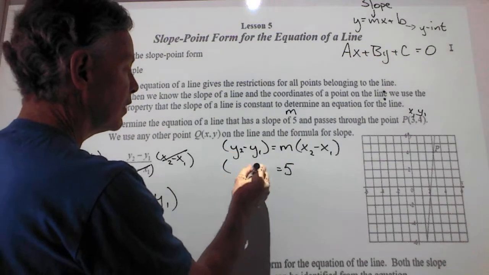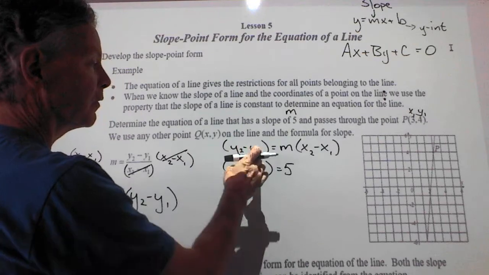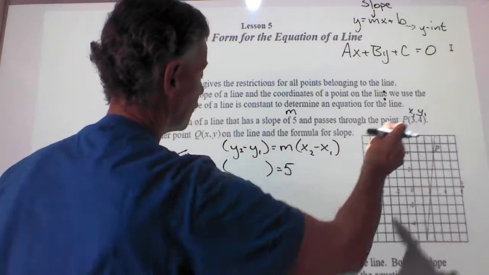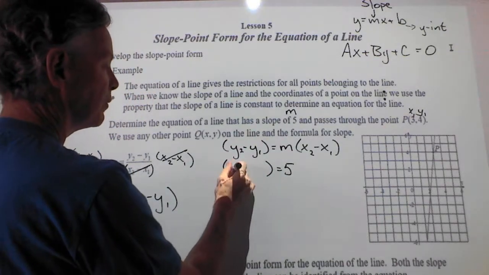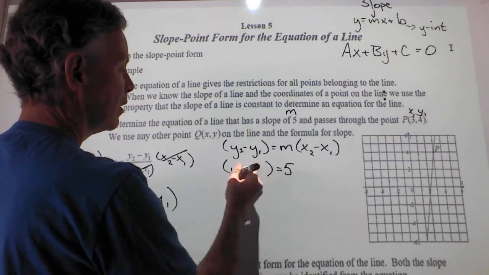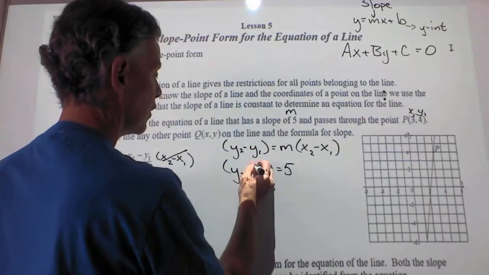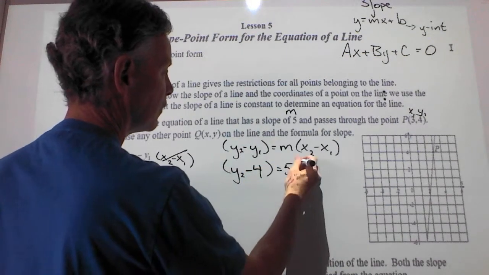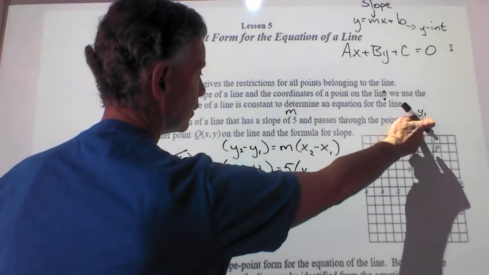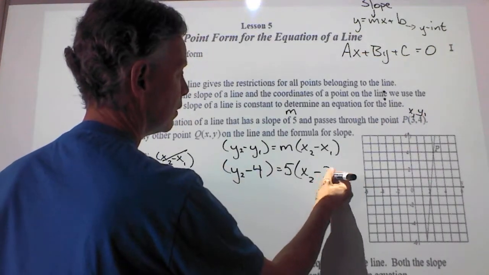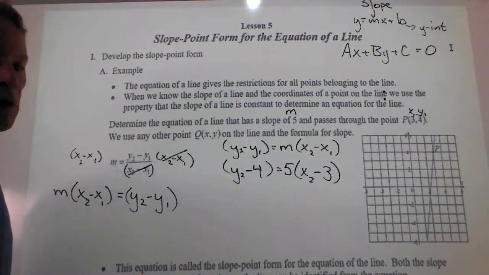And they've also given us values for y1, it's 4, and x1, it's 3. So this becomes y2 minus 4 equals 5 times x2 minus our x1 value, which in this case is 3.